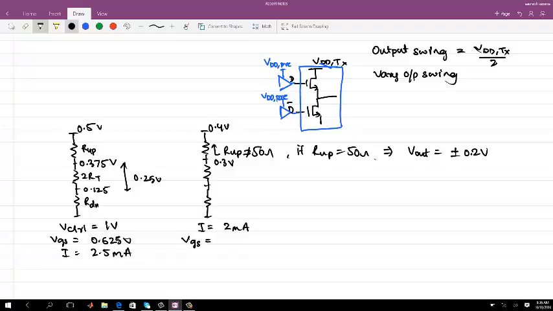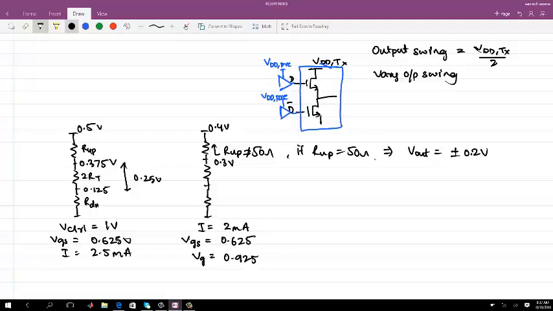So if I keep the same VGS of 0.625, what is my gate voltage? 0.925. This is all approximation, I am not considering bulk effect or anything.